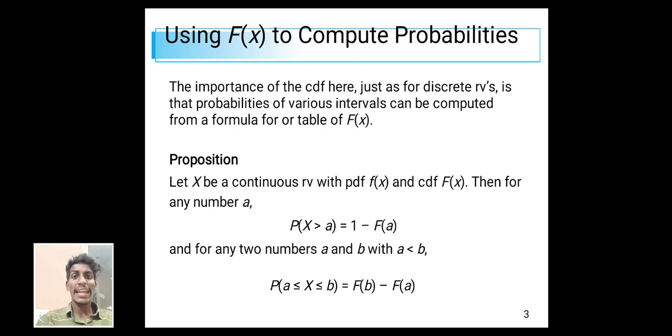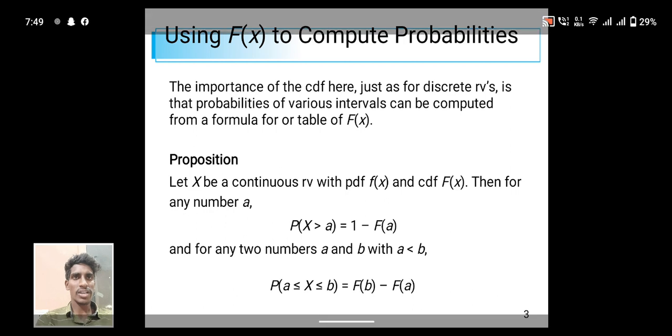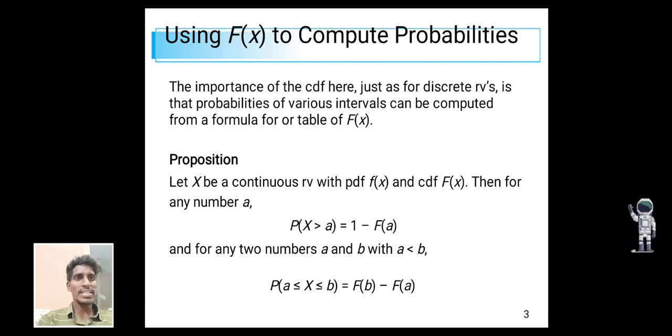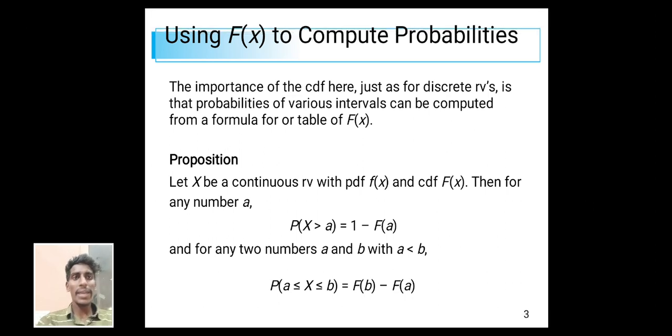Proposition: let X be a continuous random variable with probability density function f(x) and CDF F(x). Then for any number a, P(X > a) equals 1 minus F(a).